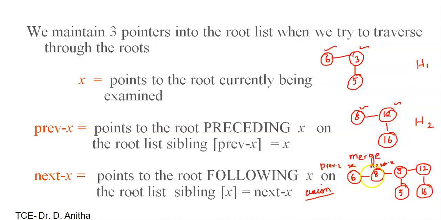I'll be moving along this line with these three pointers. First this is x, this is next x. Then I'll move: this becomes x, this becomes previous x, and this becomes next x. This is how it will be moving, and you have that naming convention, right?